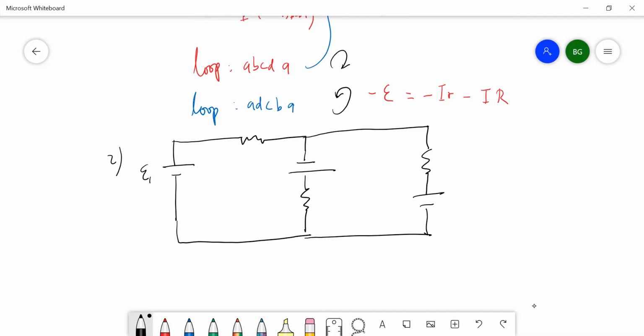We have epsilon 1, R1, epsilon 2, R2, epsilon 3, R3. You can label the corners A, B, C, D, E, F.